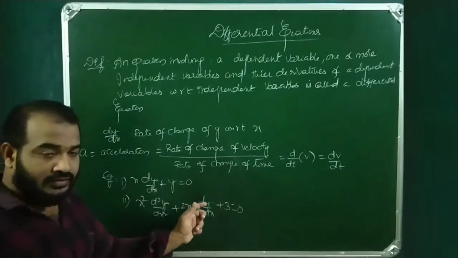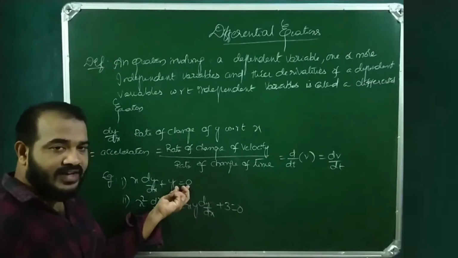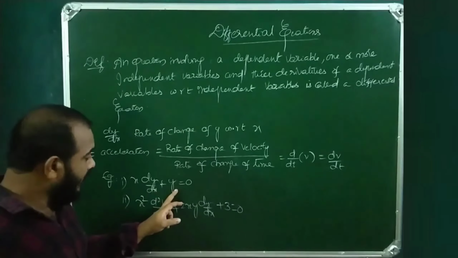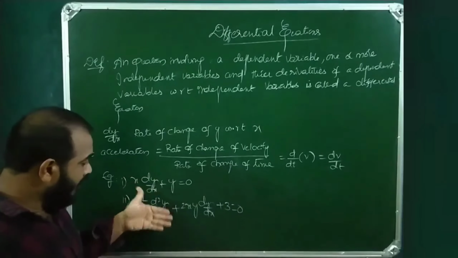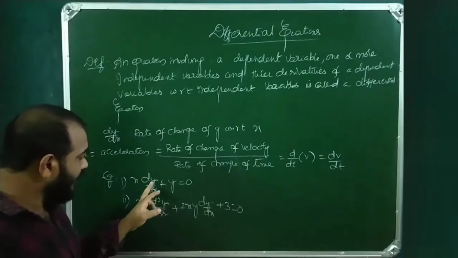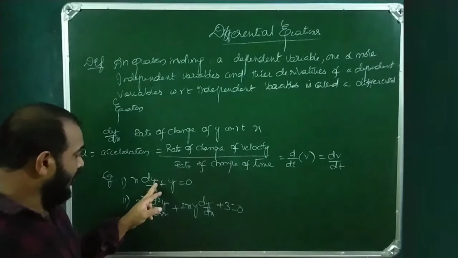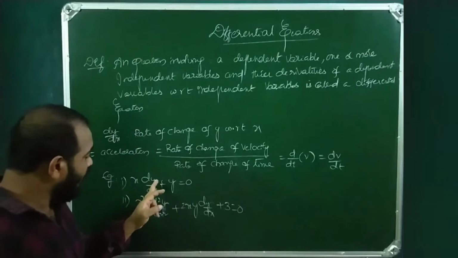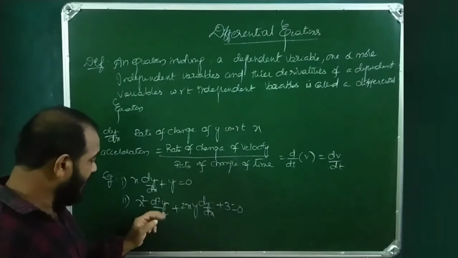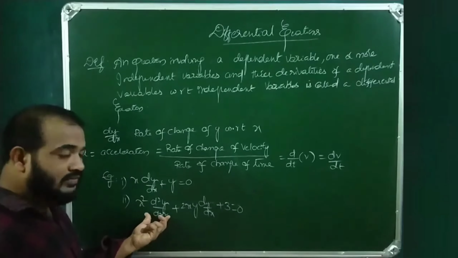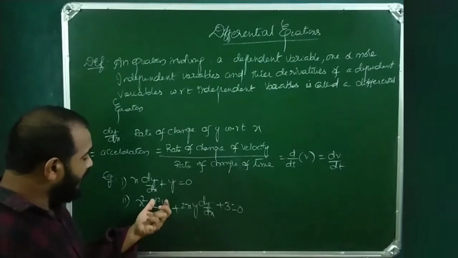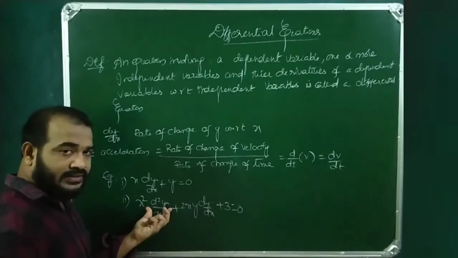This is an equation since the equality symbol is there, with variables x and y. Here dy by dx is the derivative of dependent variable y with respect to independent variable x, and d square y by dx square we got by taking d by dx of dy by dx.